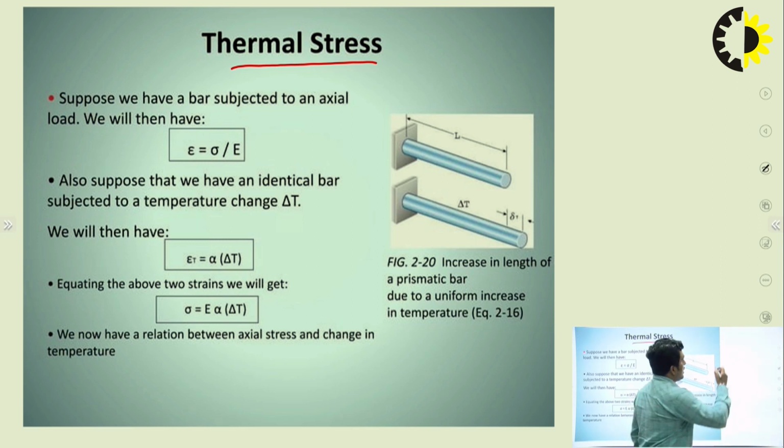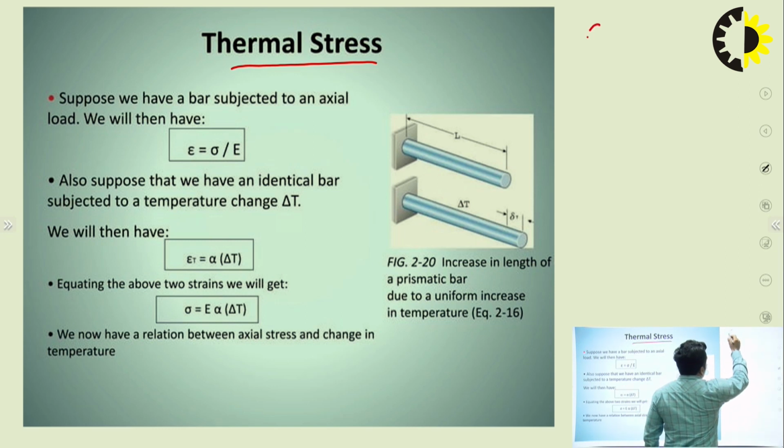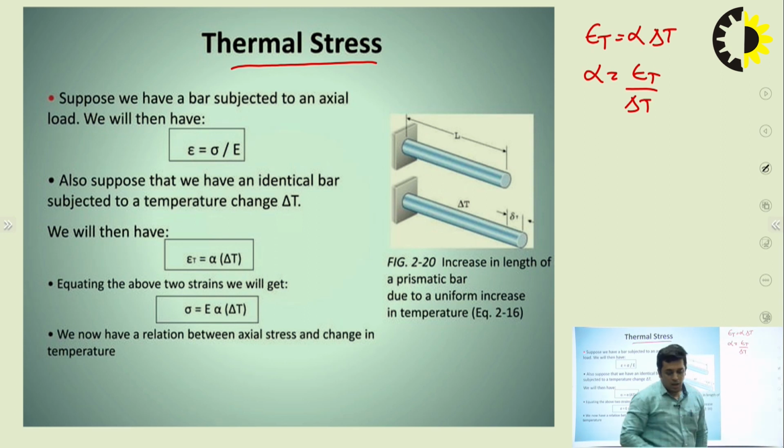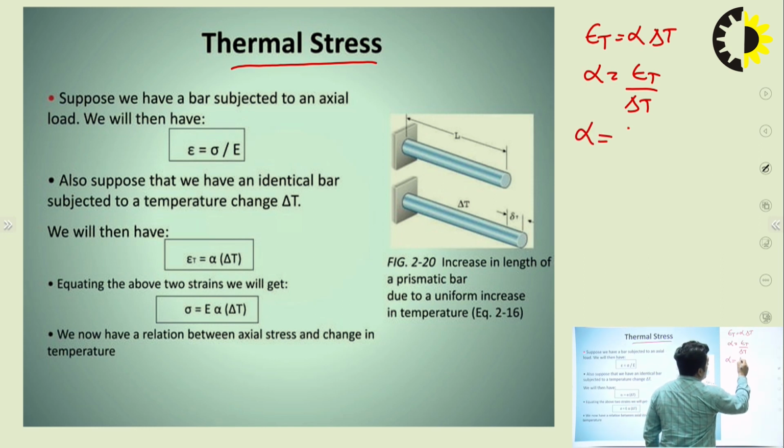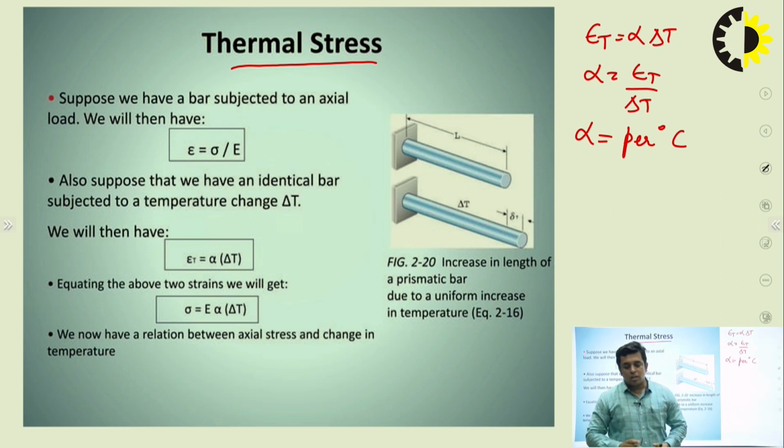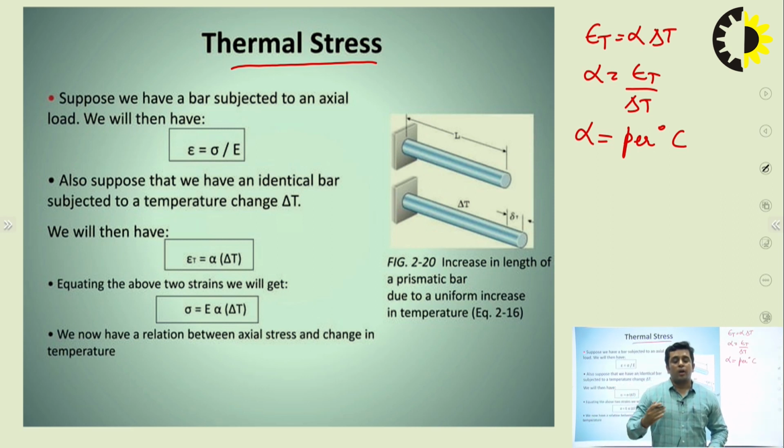In the previous slide, I calculated epsilon T as alpha delta T. That means alpha is equal to epsilon T by delta T. Alpha is the linear expansion coefficient, and its unit is per degree centigrade or per degree Kelvin.